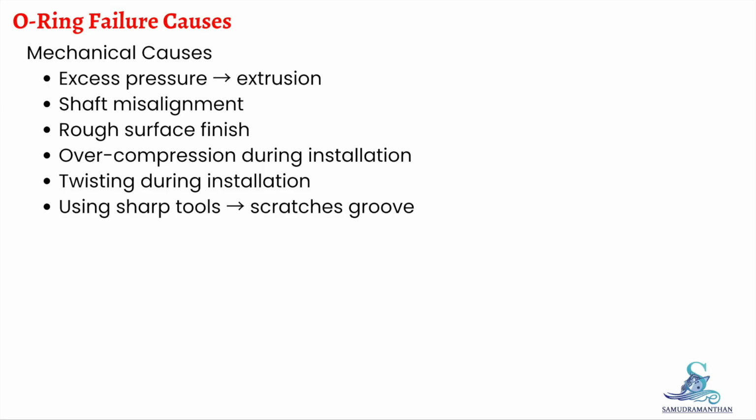Failure can happen due to mechanical reasons, environmental reasons, or aging. Mechanical causes: extrusion due to excess pressure, shaft misalignment, poor surface finish, overcompression during installation, twisting during fitting, scratches caused by sharp tools.